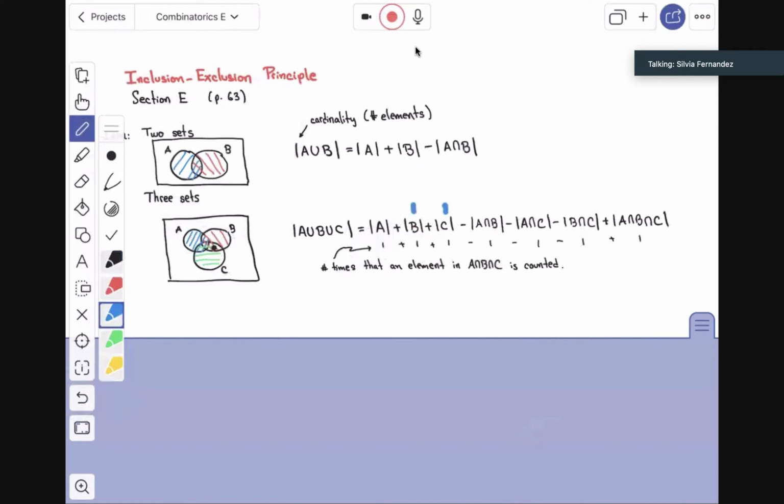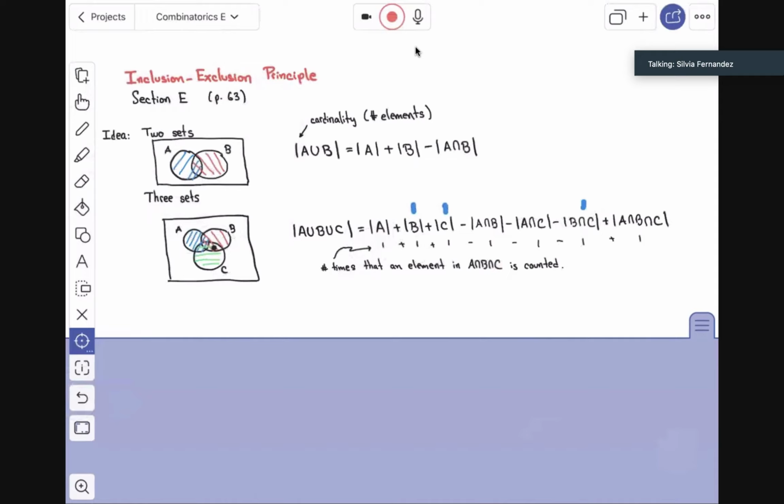So it's counted here and here. It is not counted in A intersection B because it's not in A, not in A intersection C because it's not in A. It is counted here, and it's not counted in the triple intersection because it's not in the triple intersection. So that gives me a total of 1 plus 1 minus 1. So it was counted exactly once, that's what I want, right?